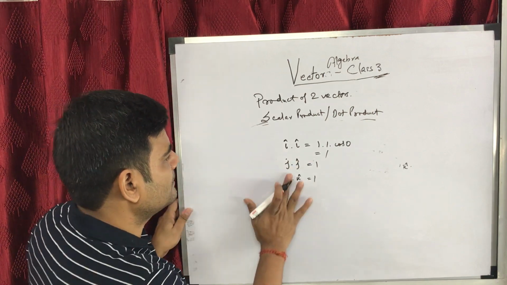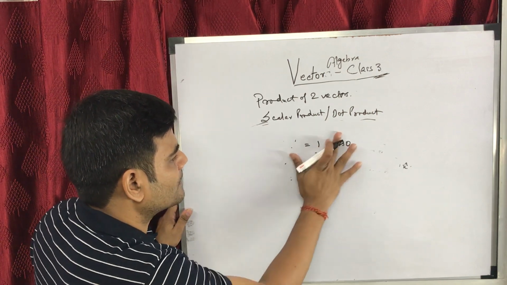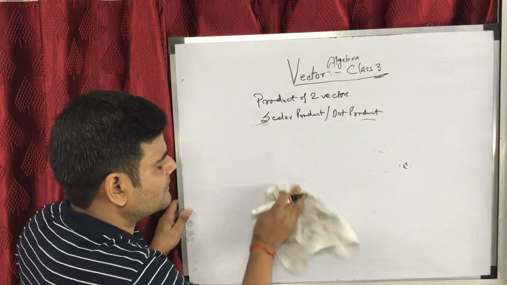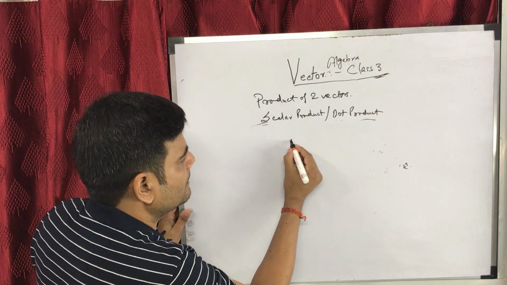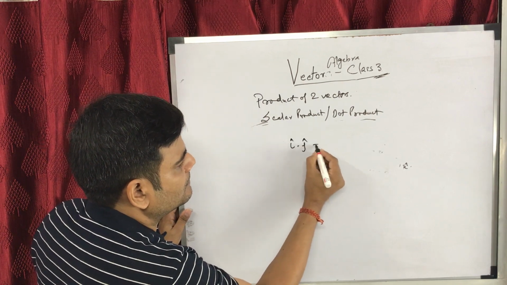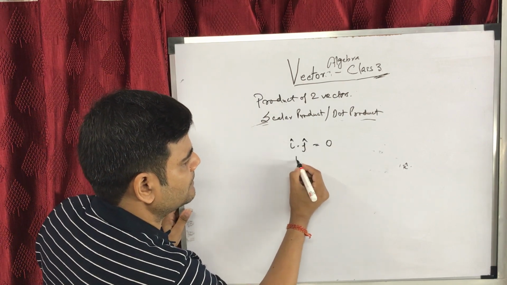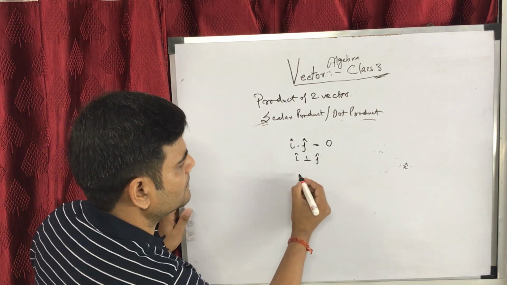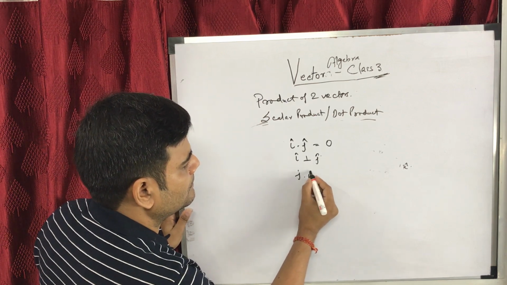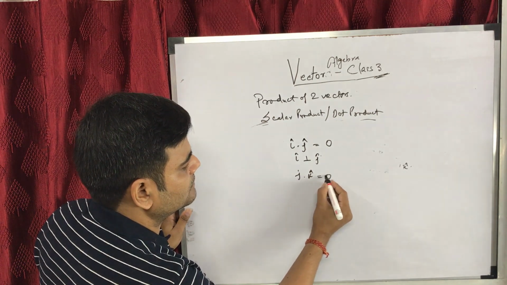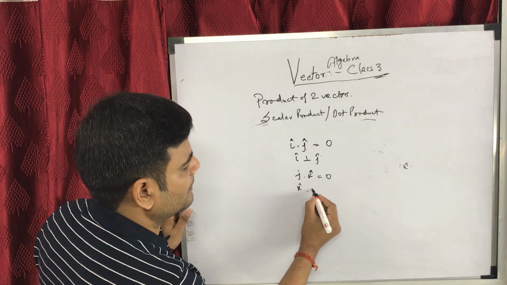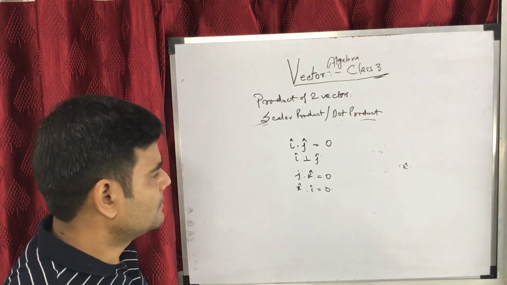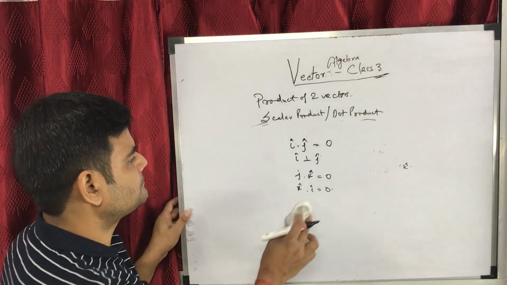But I dot J equals 0, because I is perpendicular to J. Similarly, J dot K equals 0 and K dot I also equals 0. Understood?